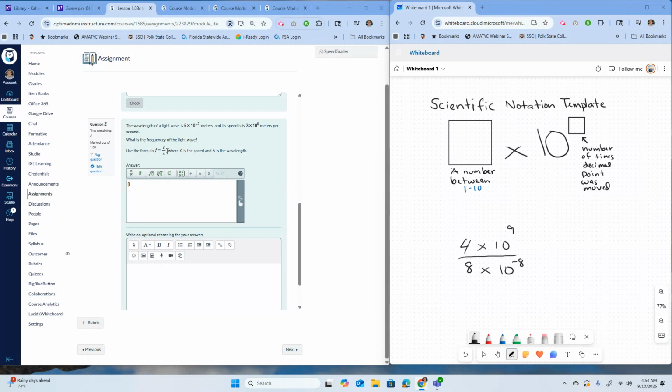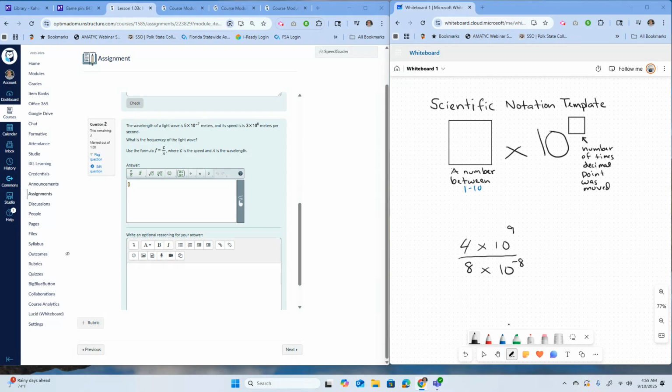Basically, what we're going to do is divide the speed, which in this case is 3 times 10 to the 8 power, by the wavelength, 5 times 10 to the negative 7 power. But I changed the numbers. So instead of 3 times 10 to the 8, I use 4 times 10 to the 9. And instead of 5 times 10 to the negative 7, I use 8 times 10 to the negative 8 power.